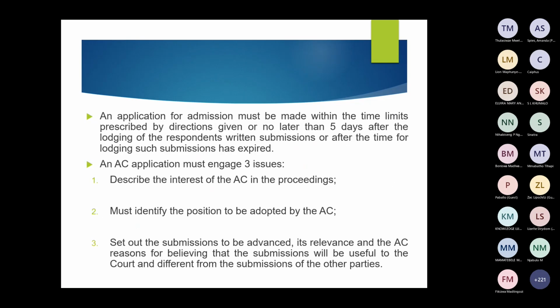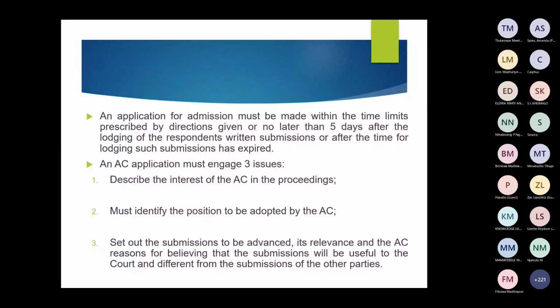So in terms of Rule 10, an application for admission must be made within the time limits prescribed by the directions given, or no later than 5 days after the lodging of the respondent's written submissions or after the time for lodging such submissions has expired. And importantly, it has to engage 3 issues.